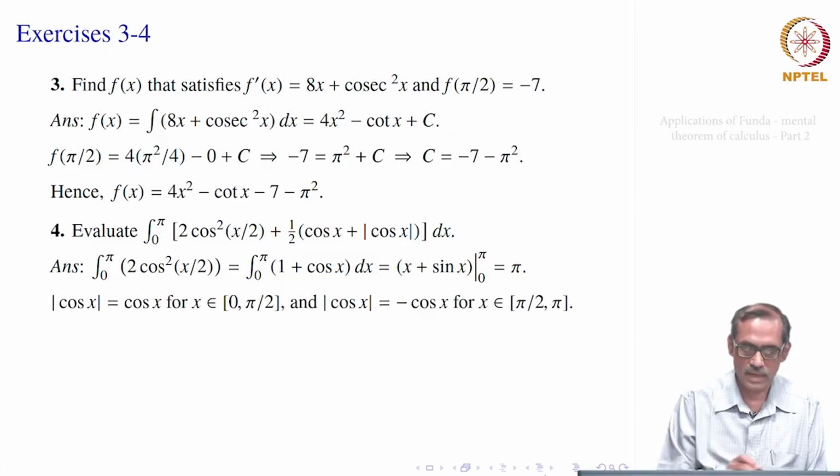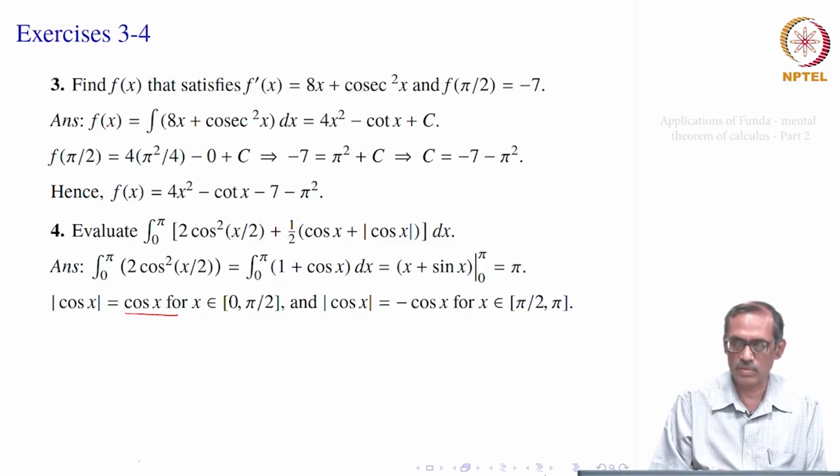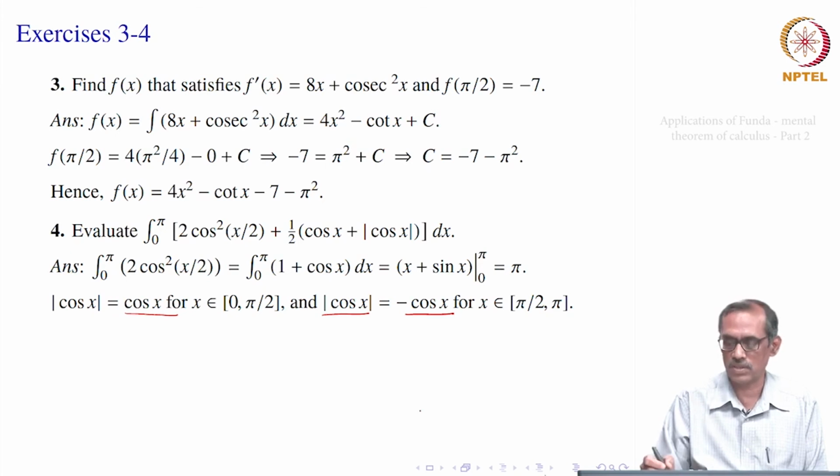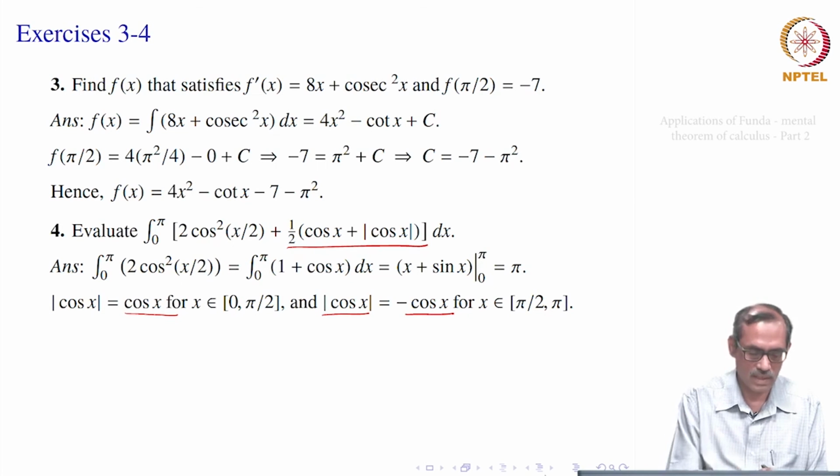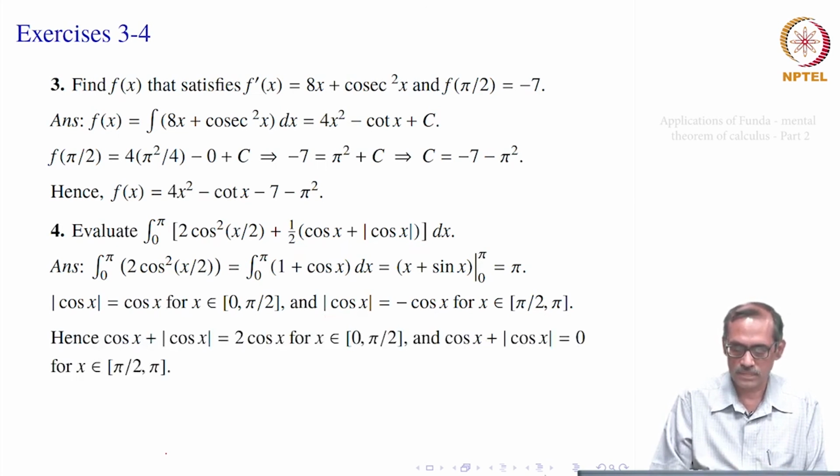And for the second one, mod cosine x equals cos x for x in 0 to pi by 2, and mod cosine x is minus cosine x for x in pi by 2 to pi, because cos x becomes negative. So, mod cos x becomes minus cos x. So, divide the integral from 0 to pi of this second one into 2 definite integrals, one from 0 to pi by 2, another from pi by 2 to pi.